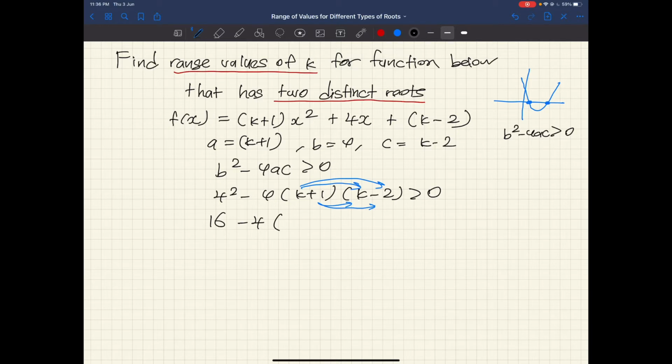The reason why I do that is so that the numbers don't get so big and things will go easier for your calculation. Alright, k square negative 2k positive k negative 2, and then you close your bracket, greater than 0. And now you need to expand for your negative 4.